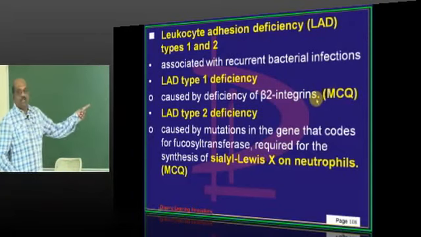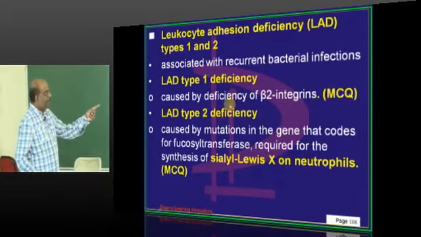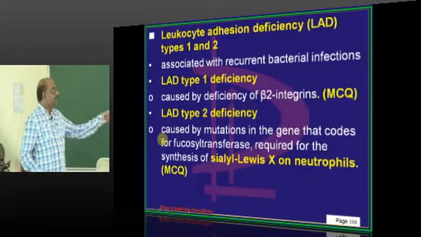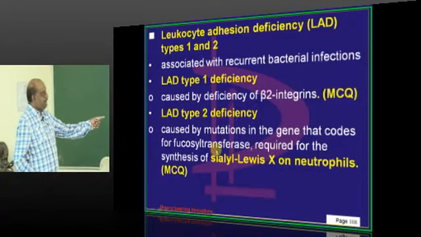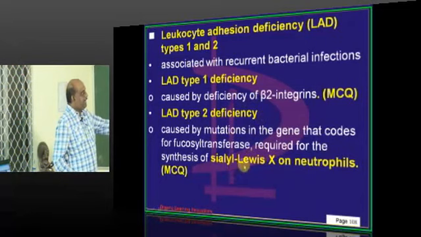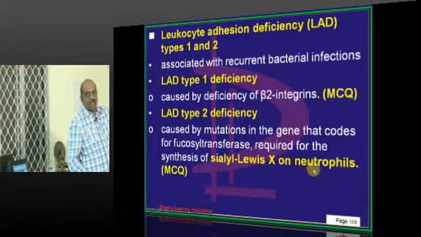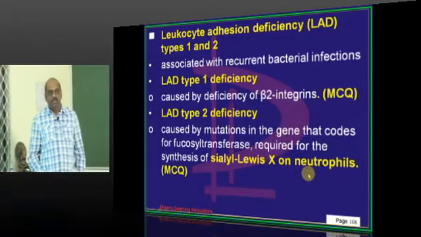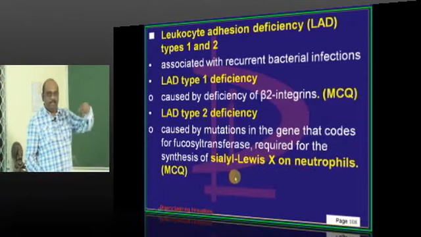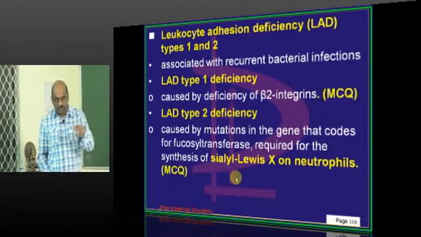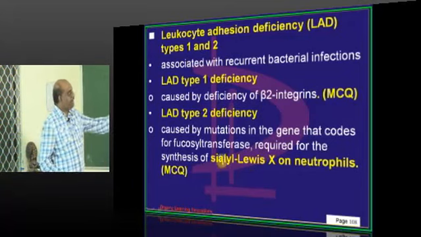So LAD1 is called integrin. Some people can have a deficiency. In LAD type 2 deficiency, there is a gene which has an abnormality with the sialyl Lewis X on the neutrophils, which enables it to bind with the vascular endothelium, leukocyte and vascular endothelium. That is deficient in LAD type 2 deficiency.